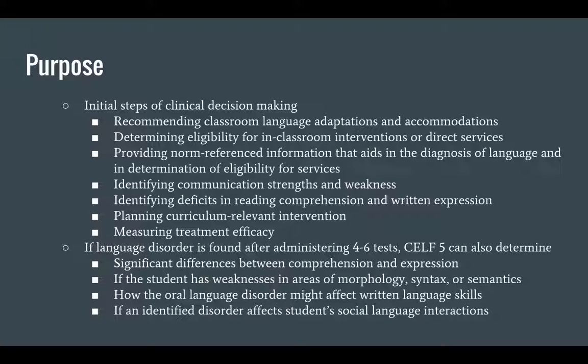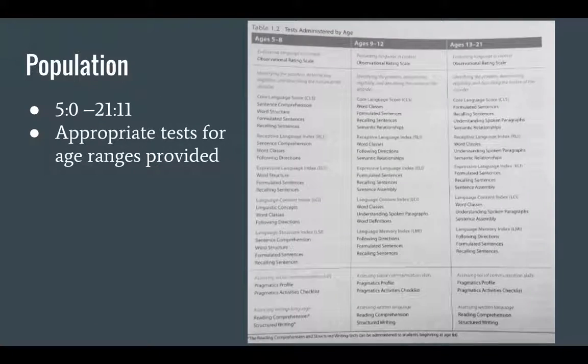If, though, the language disorder is found after administering 4 to 6 tests, the CELF-5 can also determine other factors, such as significant differences between comprehension and expression, if the student has weaknesses in areas of morphology, syntax, or semantics, how the oral language disorder might affect written language skills, and if an identified disorder affects students' social language interactions. The test is meant for a population with the ages ranging from 5 to almost 22 years. Appropriate tests for age ranges are provided in the test manual.